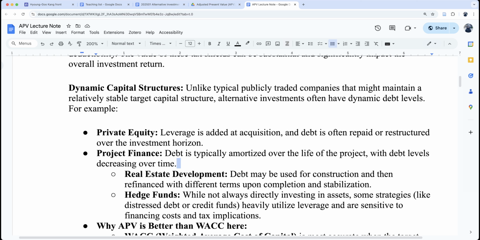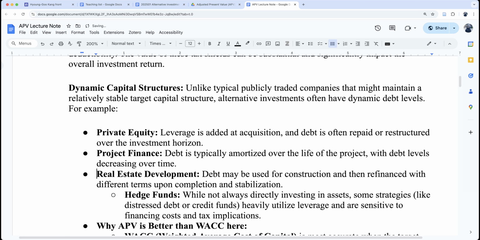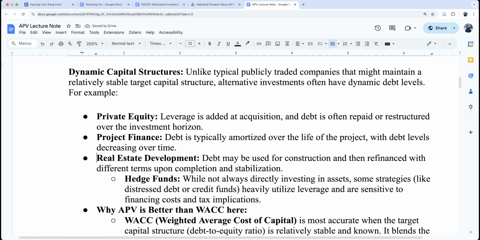Although in many private project financing documents, I saw they simply use NPV. That's completely wrong. Now, real estate development: debt may be used for construction and then refinanced with different terms upon completion and stabilization, and bridge loans and so on. Real estate development is very important.